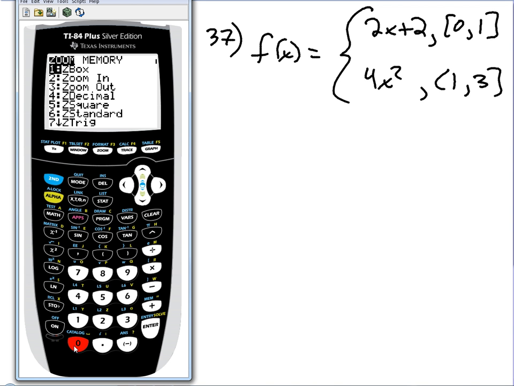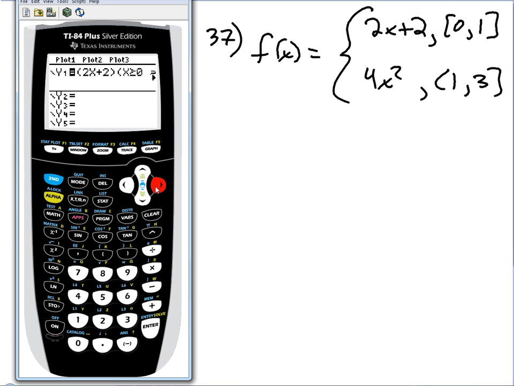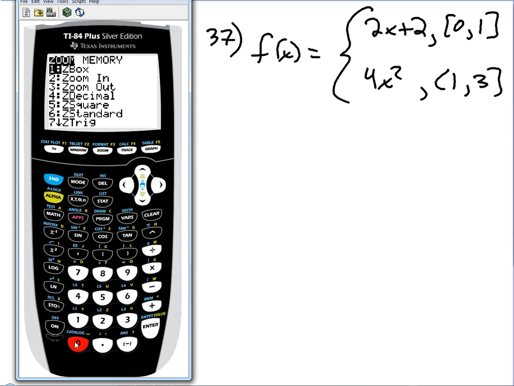I'm going to do that real quick. So they don't connect. Okay, so now they don't connect.